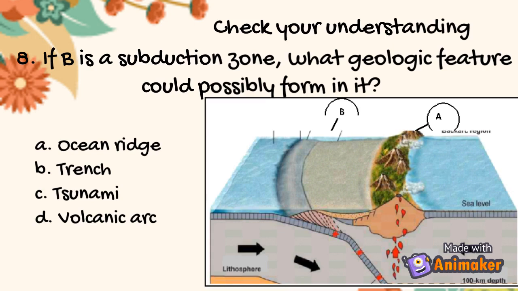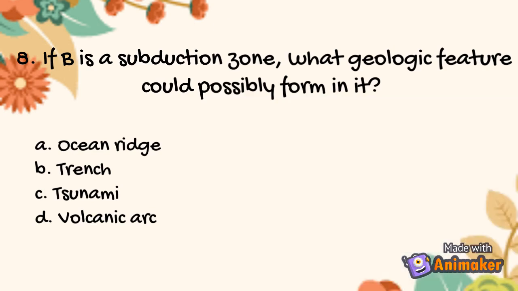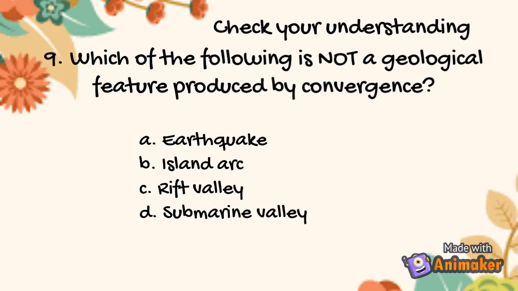A. Ocean ridge. B. Trench. C. Tsunami. D. Volcanic arc. 9. Which of the following is not a geological feature produced by convergence? A. Earthquake. B. Island arc. C. Rift Valley. D. Submarine valley.